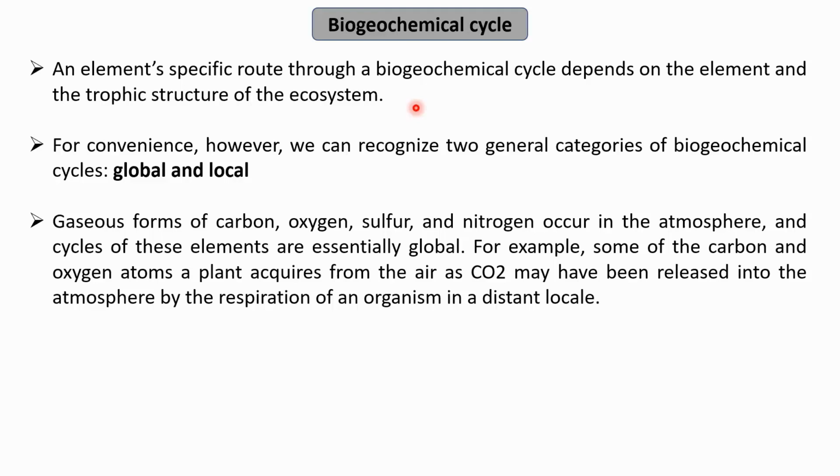As an example, we can understand that the carbon and oxygen atoms a plant acquires from the air as CO2 may have been released into the atmosphere by my respiration, let's say.